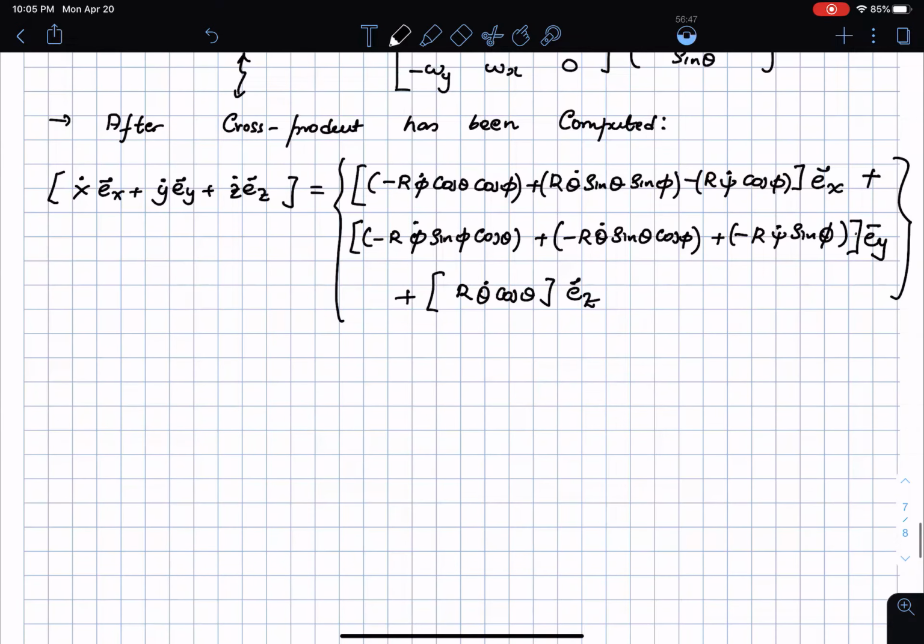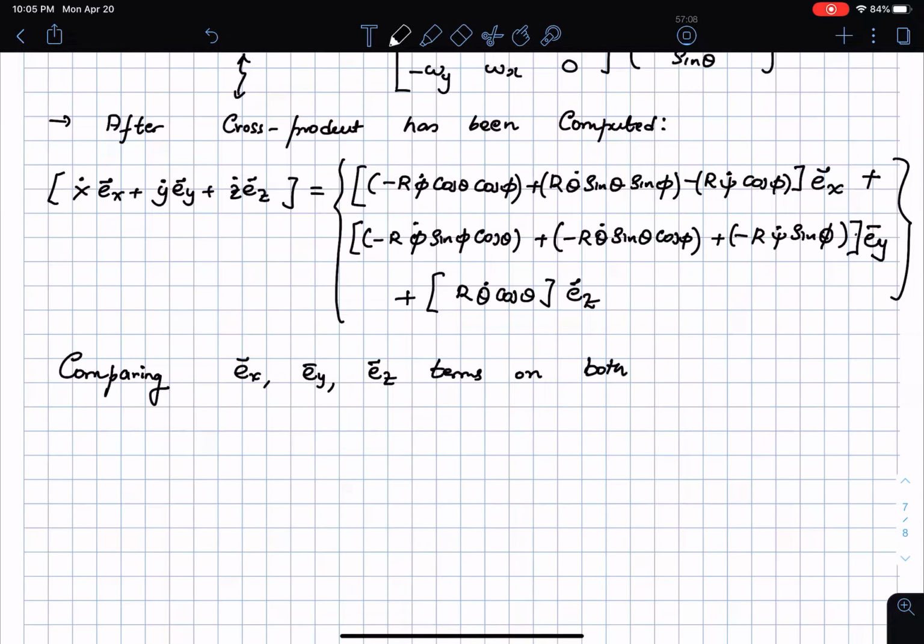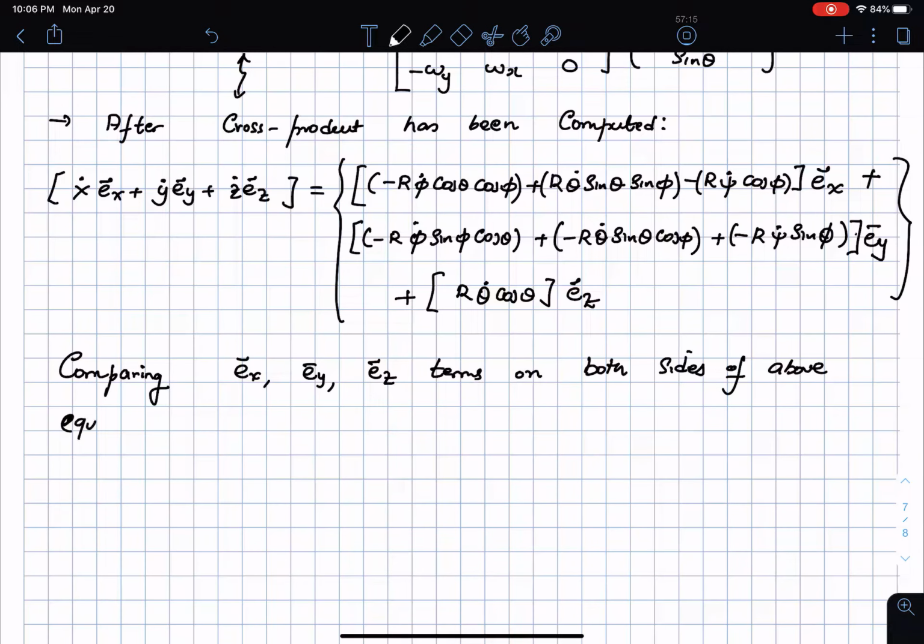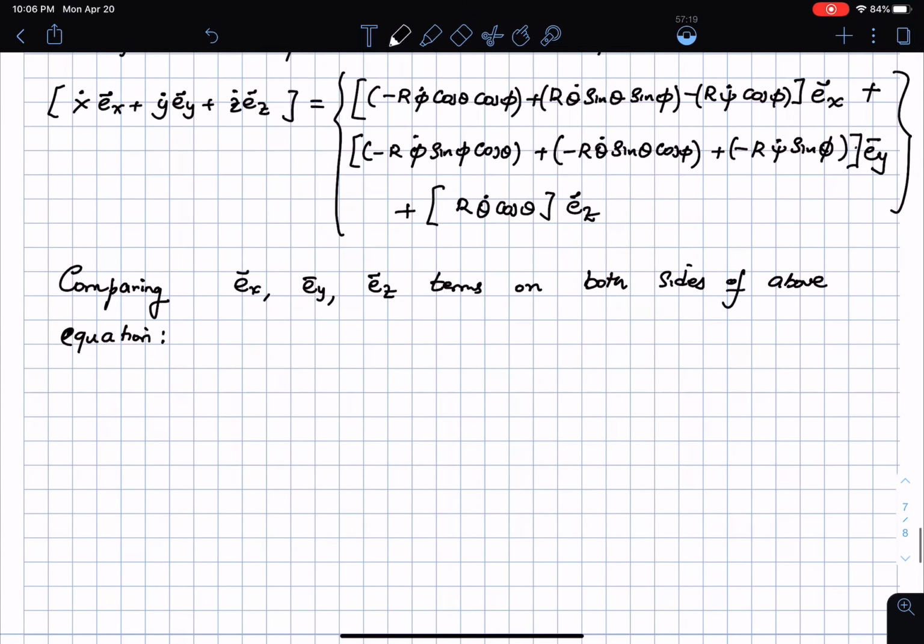Comparing the EX, EY, EZ terms on both sides of the equation, the constraint equation can be written in the following form.